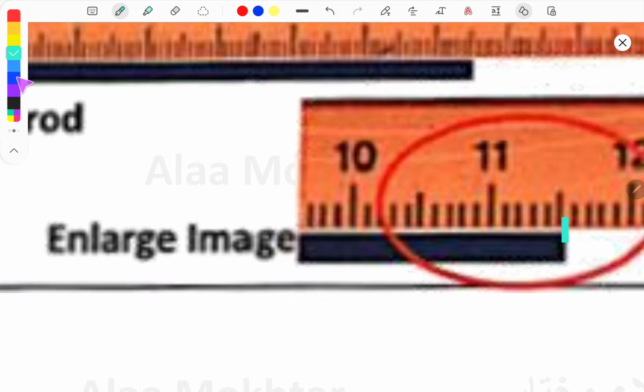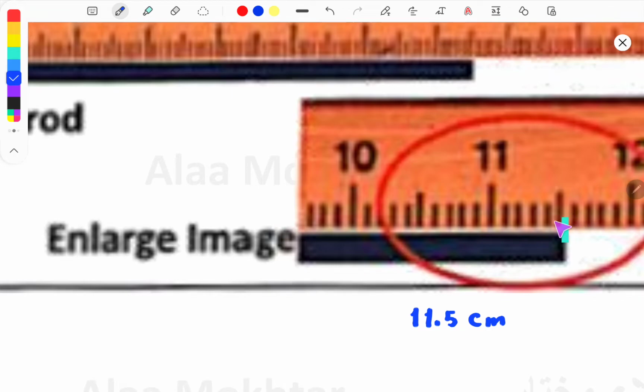Is it correct? Exactly. 11.5 centimeter. Great. But I think it's more than 0.5. It may be 0.52, 0.53, 0.54. It is uncertainty number.